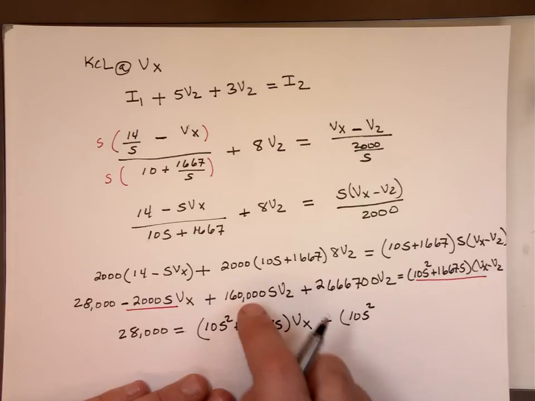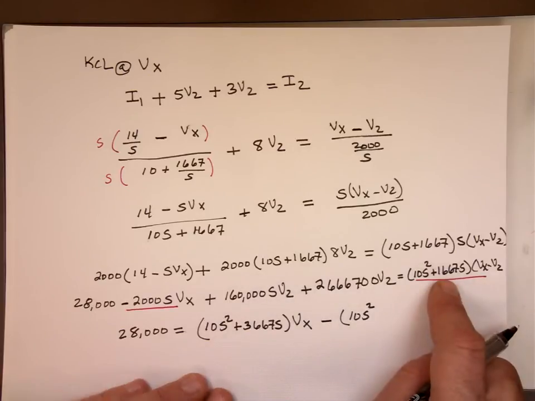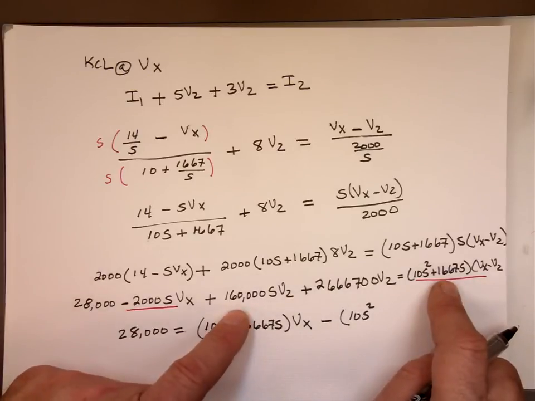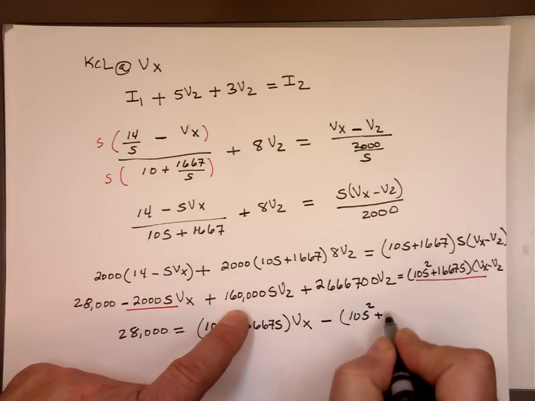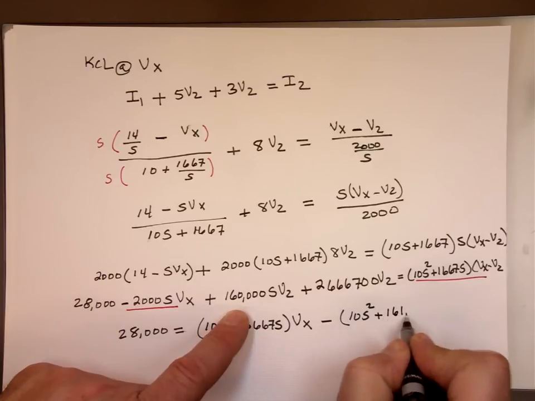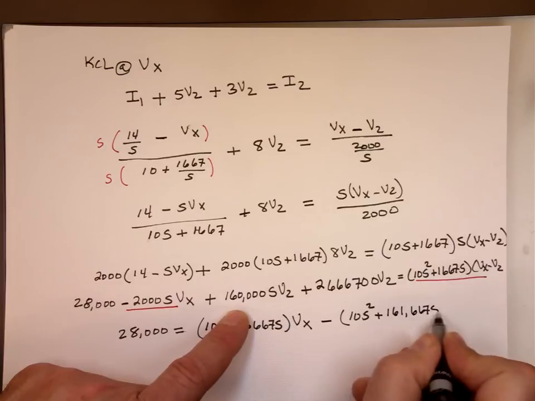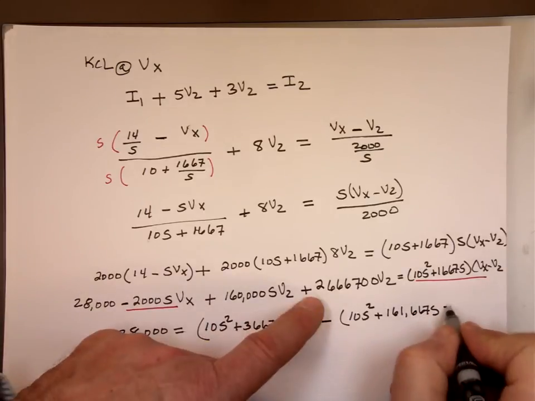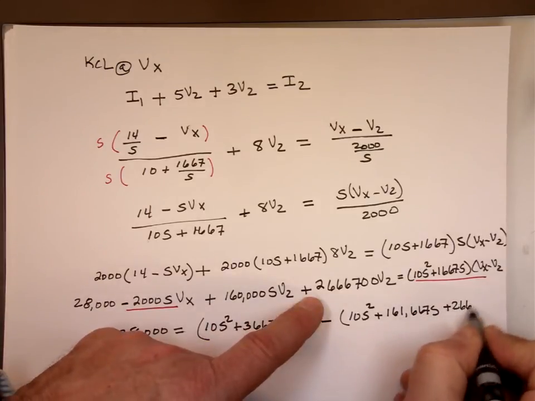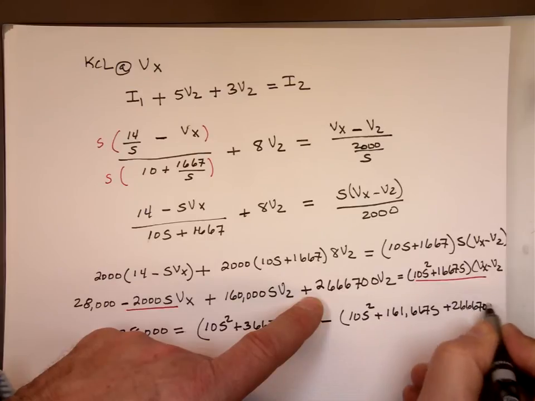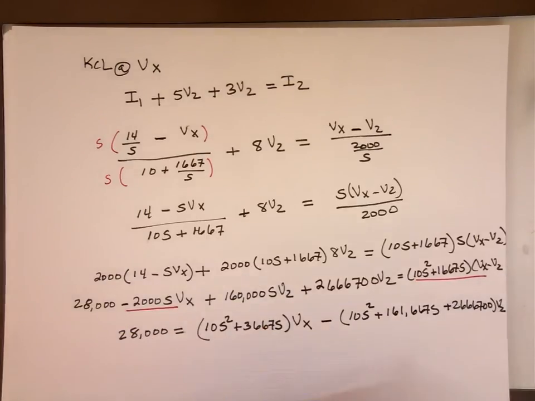Add it to the S here. 160,000 plus 1,667, 161,667, plus 2,666,700 V2. I think I'm okay. That's my first equation. God help me.